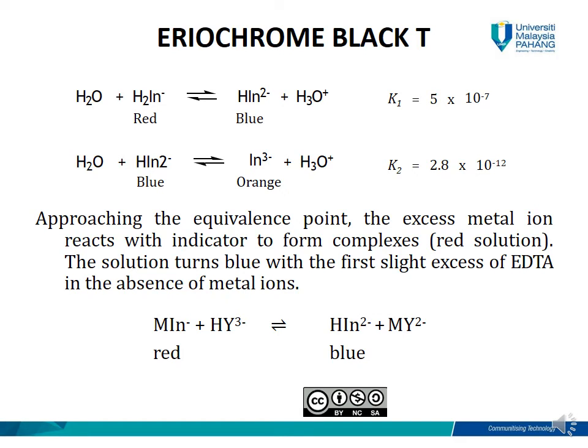I hope that most of you already know the basic chemical reaction for an indicator. Basically, the indicator will have an influence on the dissociation of water. Here you can see that when the reaction undergoes the first equilibrium state, it will change from red to blue.